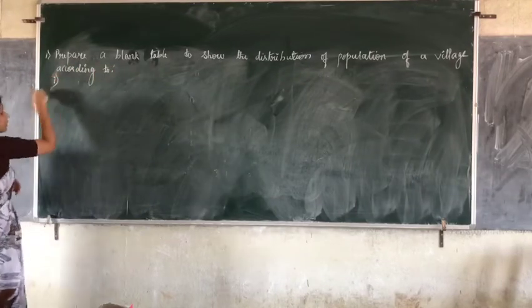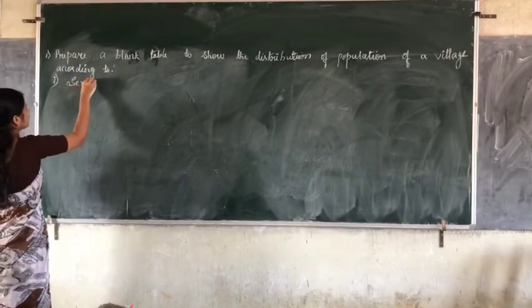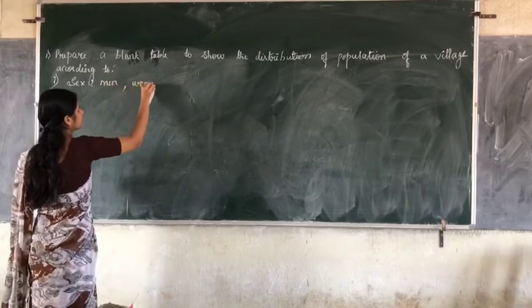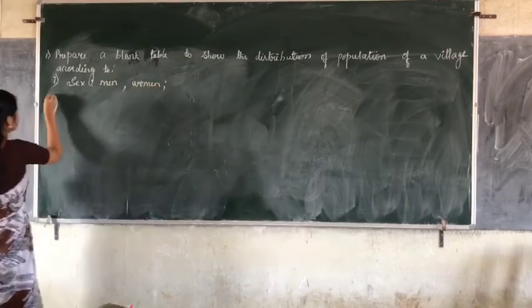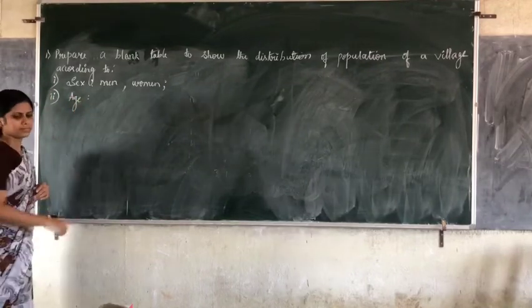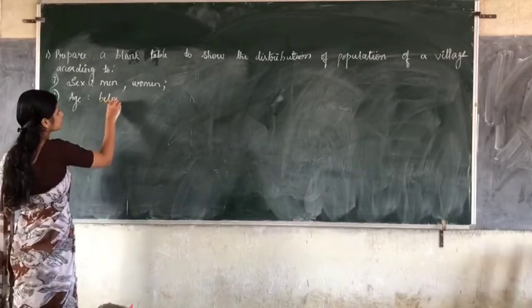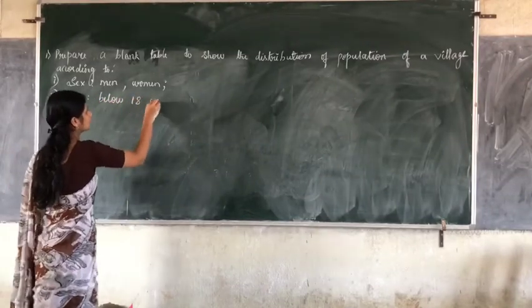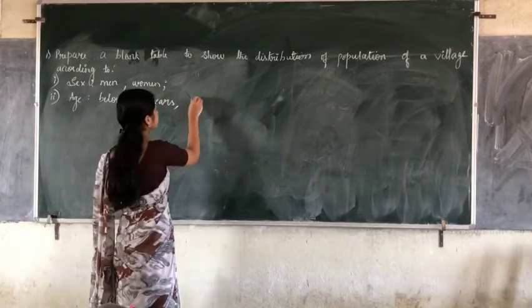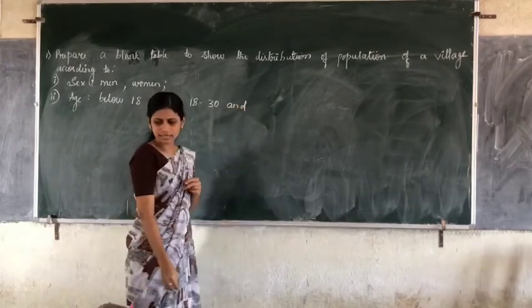First characteristic is sex, that is men and women. Next characteristic is age, in that below 18 years, secondly 18 to 30 years and 30 years and above.